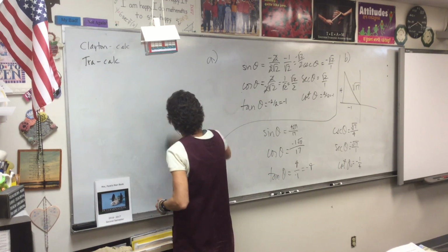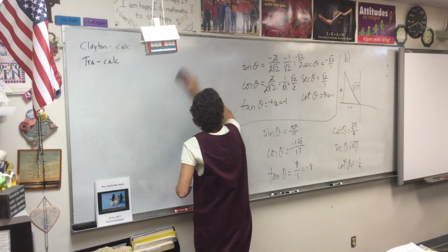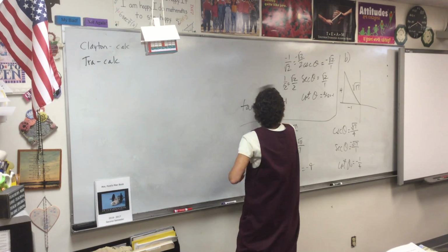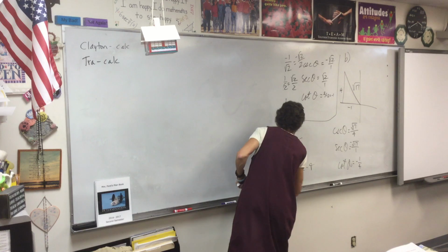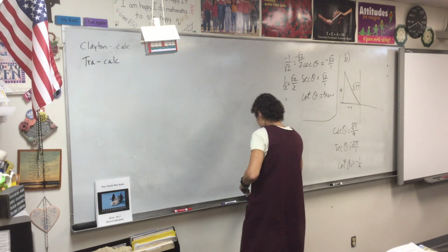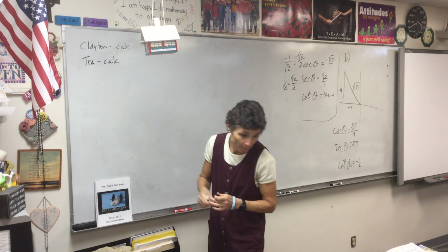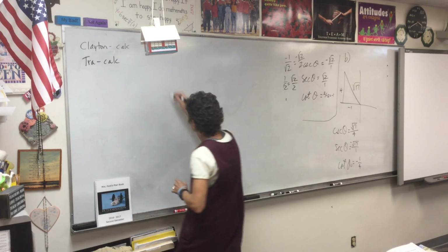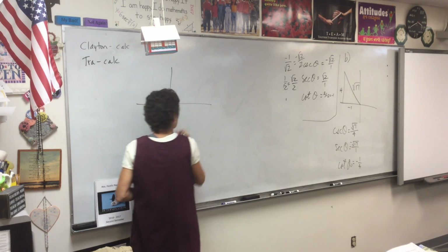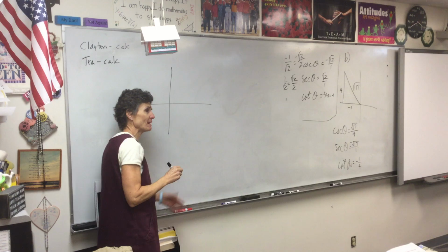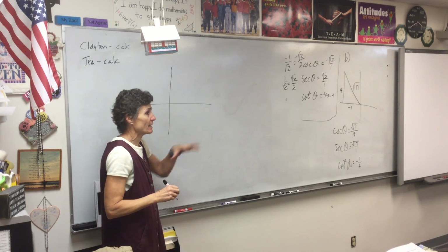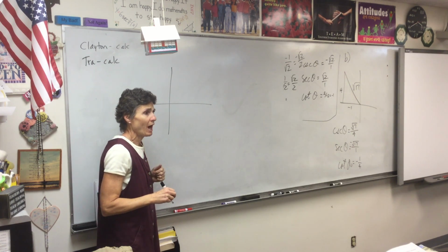Tell me what's different about problem C. Well, yes, when you draw a picture of problem C, where is the point? If I said plot 0, negative 2, where would you plot it?